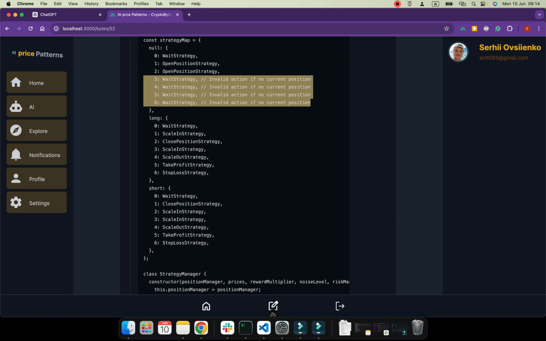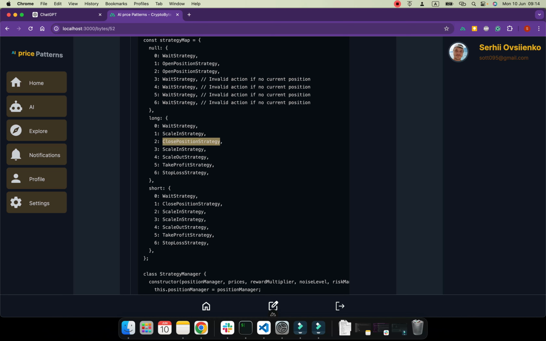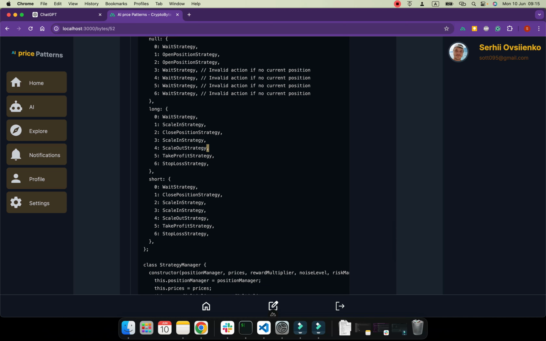But when we have a long position, we also have some options. We can wait also. Sometimes we need to increase the leverage, or our agent could close position, or sometimes we can decrease our leverage, or we can take profit or take stop loss.